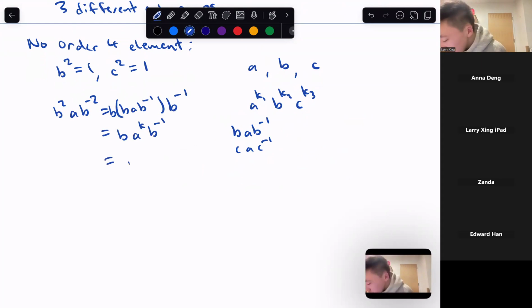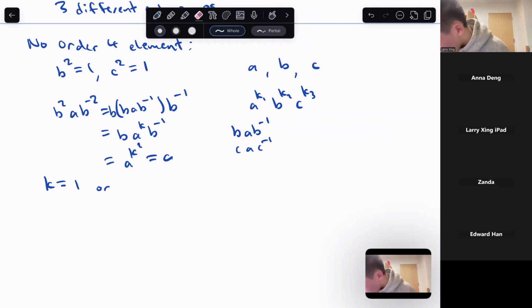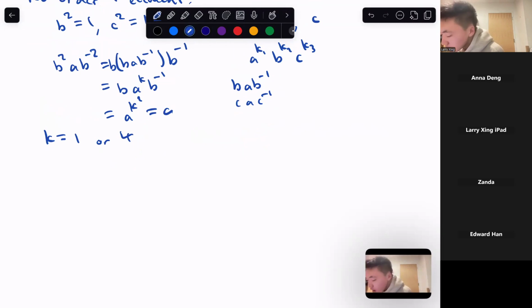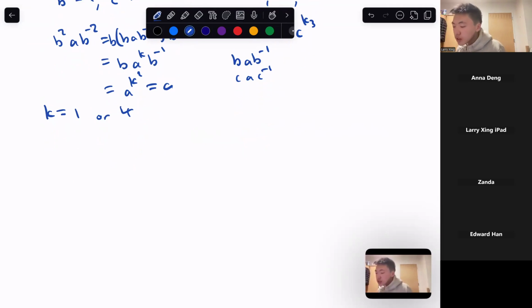So that means a to the k squared must equal a. So that means k must be 1 or 4. So we can essentially just brute force on all possible combinations of 1, 4 for BA, b to the negative 1, and CA, c to the negative 1. And it turns out one of those cases is completely symmetric. For example, if one of them maps it to 1 and the other one maps it to 4, it's the same as if the other one mapped it to 4 and the first one mapped it to 1.